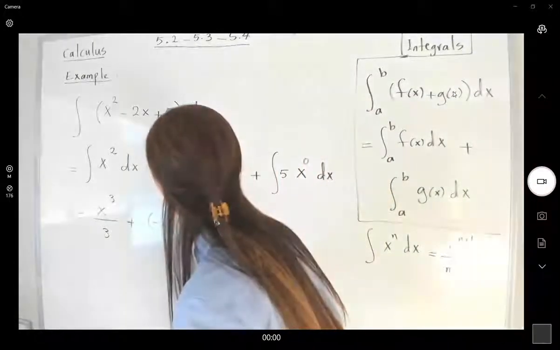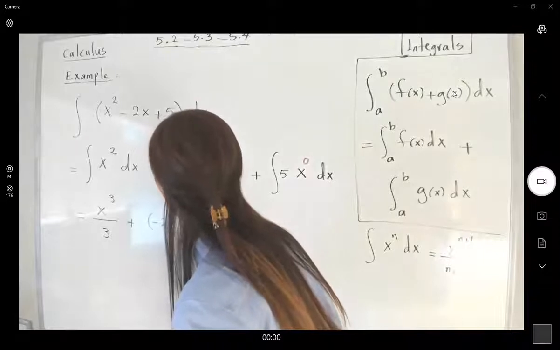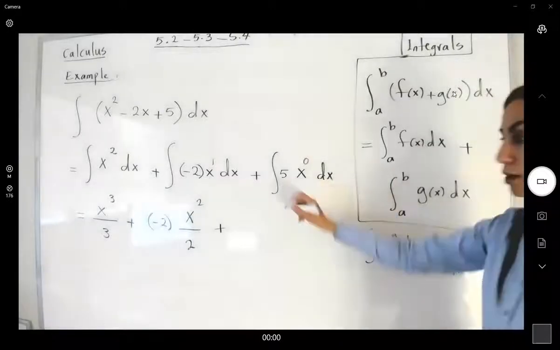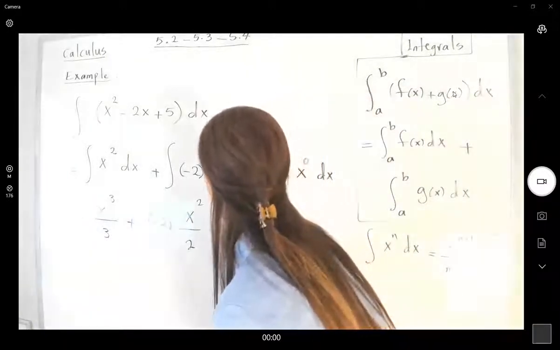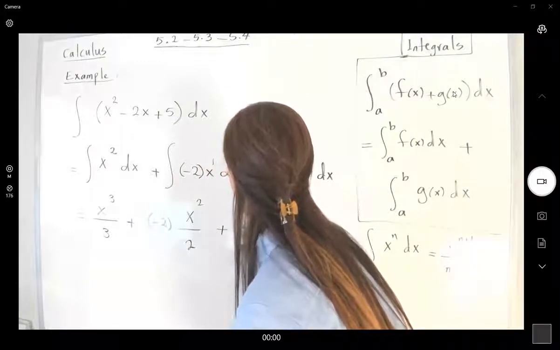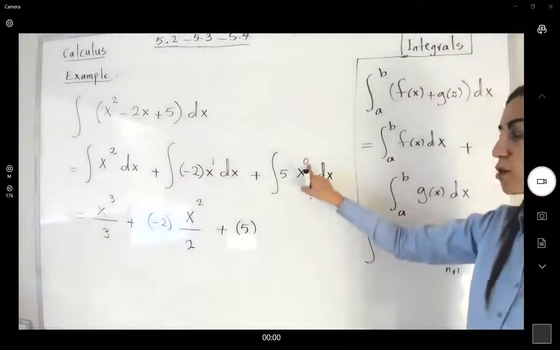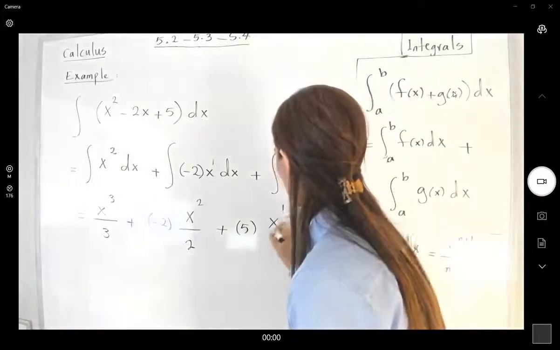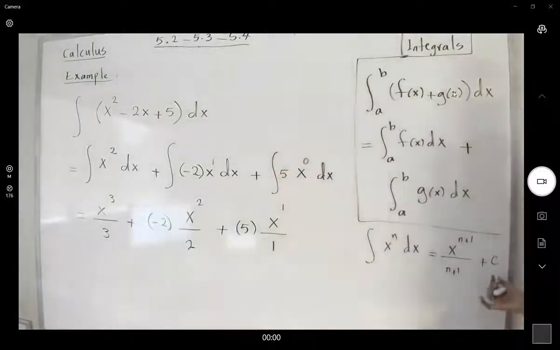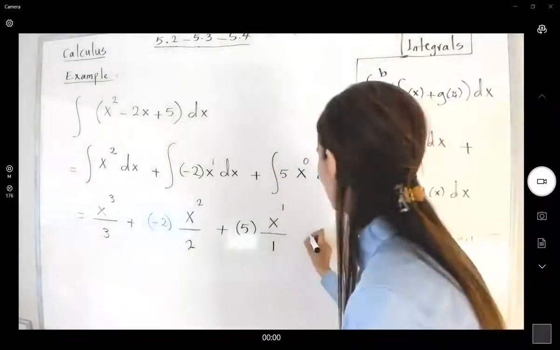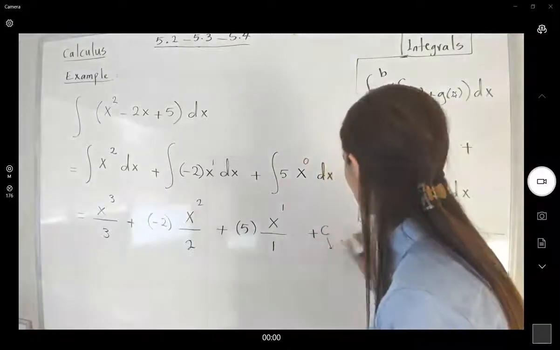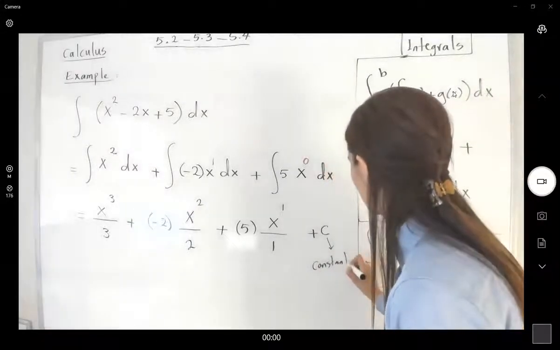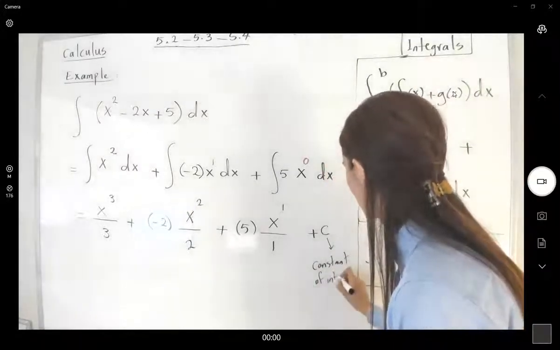So you're going to have x squared divided by 2 plus 5 is just the coefficient. We're going to copy down 5. And then here you have x raised to 0 plus 1. So you get x to the first power divided by 1. We're going to add a constant of integration at the end. So this is called constant of integration.